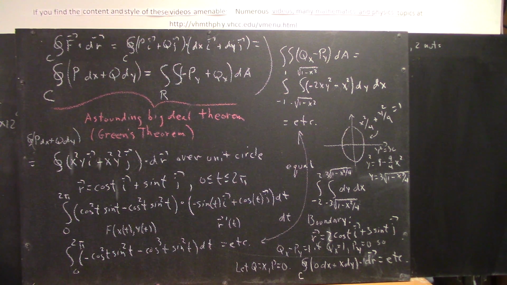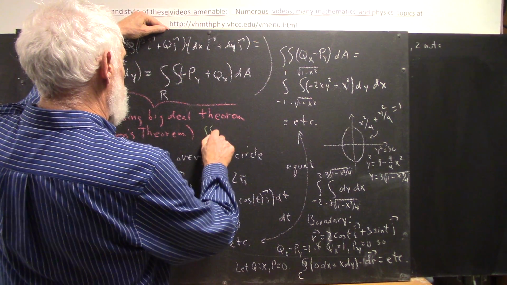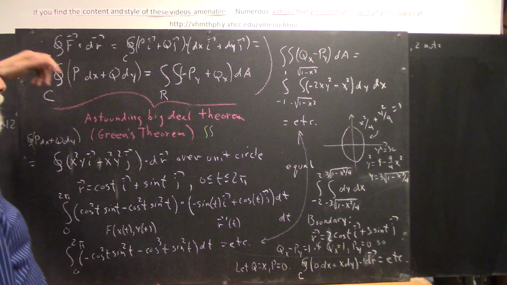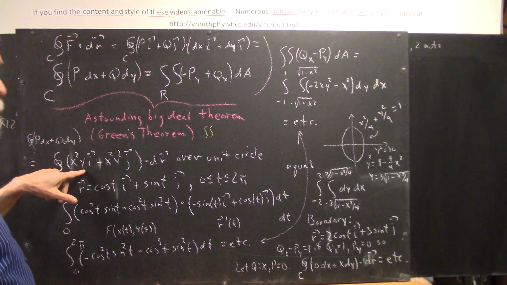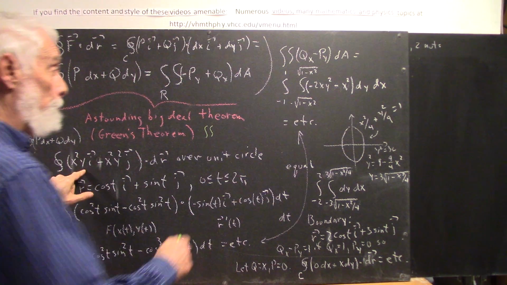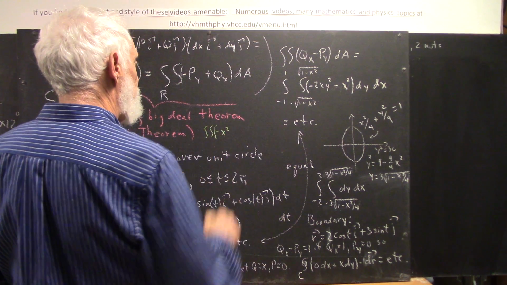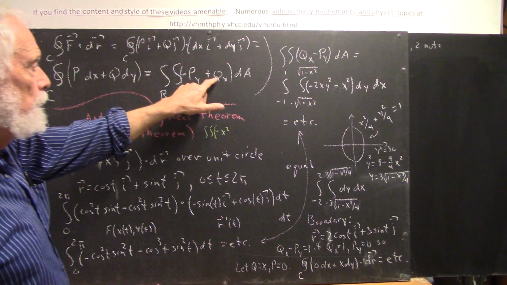Now there's also an area integral, and I thought I was going to do that, but I didn't. So I'll just write that down here. The corresponding area integral is the integral of what? Well, P is x squared y, so P_y is just x squared. Now it's negative x squared. And then Q_x.